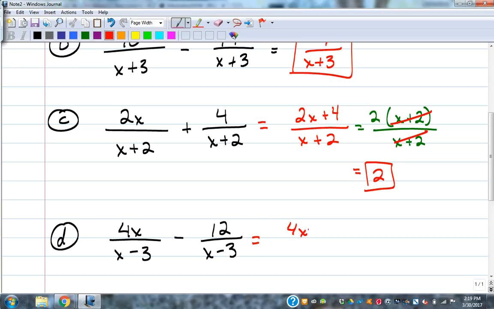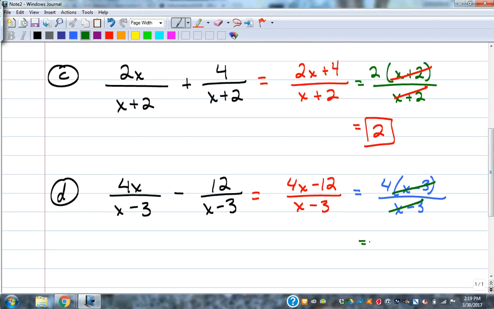So it's going to be 4x minus 12 over x minus 3. But then we always want to check to see if we can simplify. It doesn't mean that it always will simplify, but we have to check for it. The top part is 4 times x minus 3, and the bottom part is x minus 3, so we get some cancellation happening. It's 4.